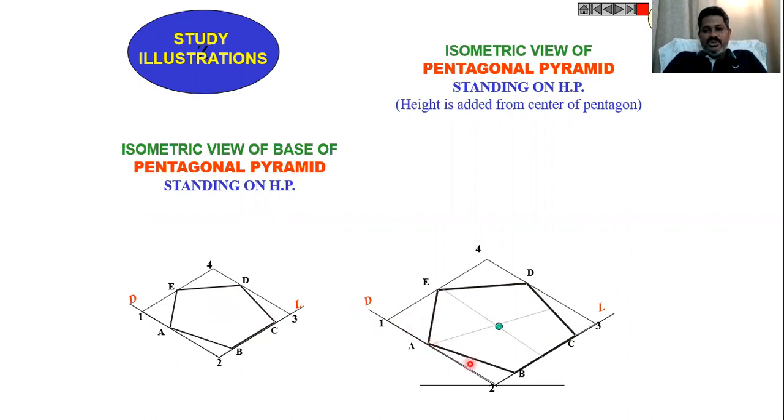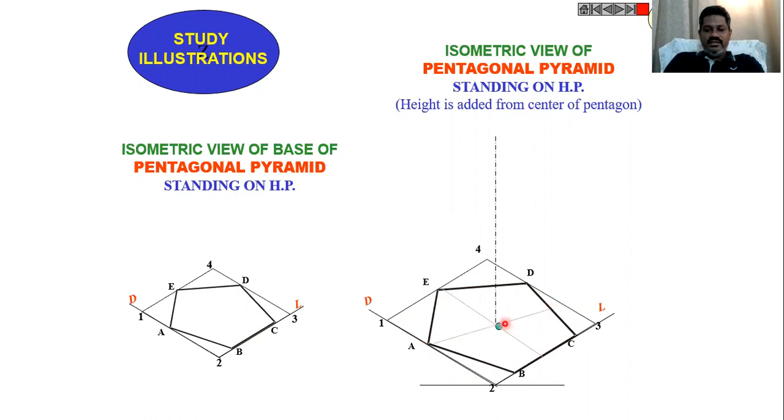Then first, to draw the top view, construct the rectangle first, and inscribe the pentagon. Then after drawing the pentagon, locate the center point of the pentagon, drop an angle bisector here, and drop an angle bisector here.